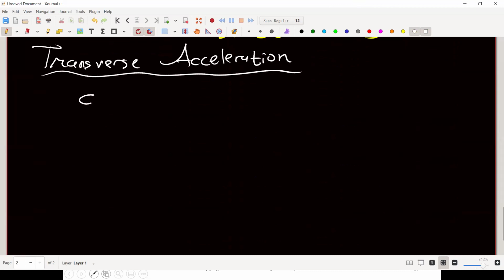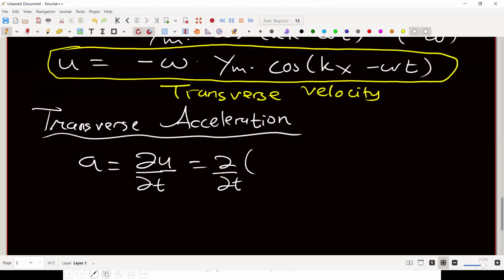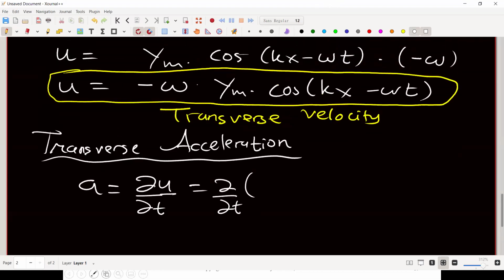To get the acceleration, we take the derivative of the velocity u, defined before as ∂y/∂t, so we take the derivative with respect to time of u. u is minus omega ym cos(kx minus omega t).